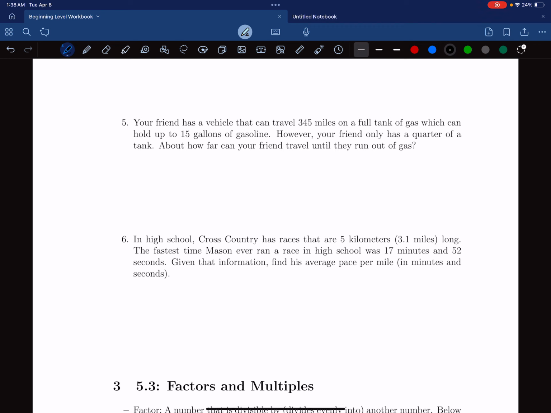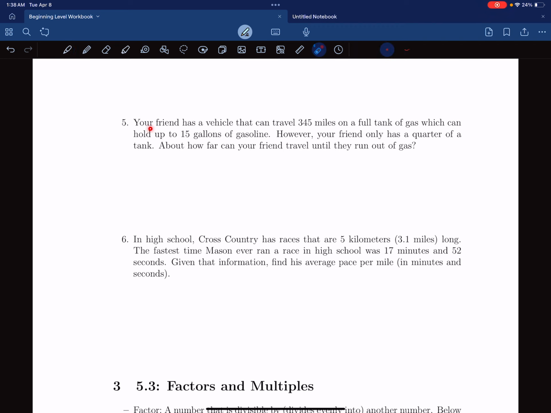Now, looking at our last couple examples, these next couple ones are a little bit more difficult. I will say that, but we can get through this together. So with that said, I encourage you to pause the video and try number 5 on your own if you haven't. And assuming you have worked through it, let's go through it together.